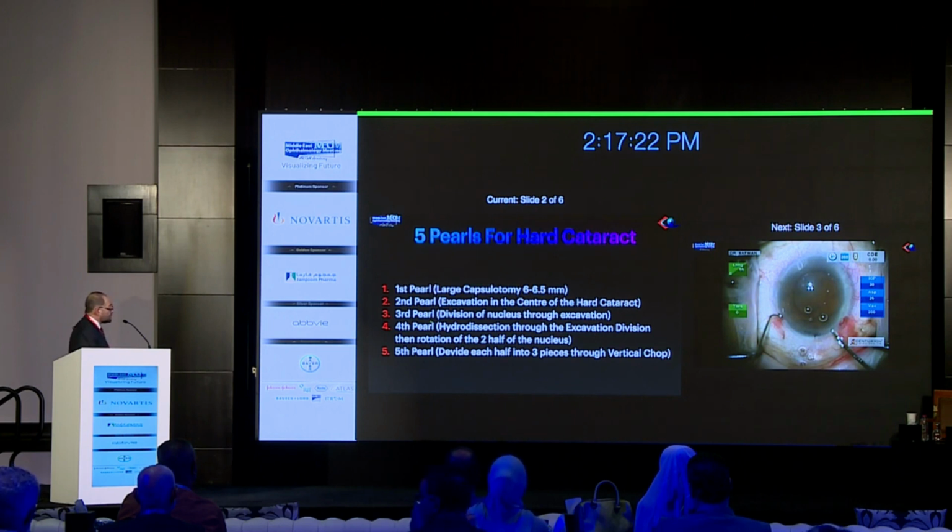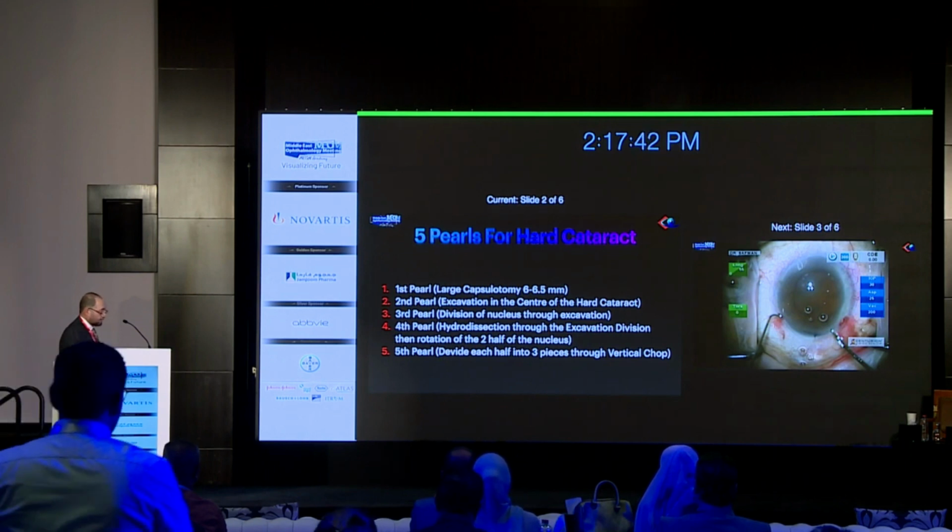The third peril is division of this nucleus through the excavation, and the fourth peril is the hydrodissection. Through the division back, it will be very easy. And the fifth peril is to divide each half into 3 pieces through a vertical chopper.